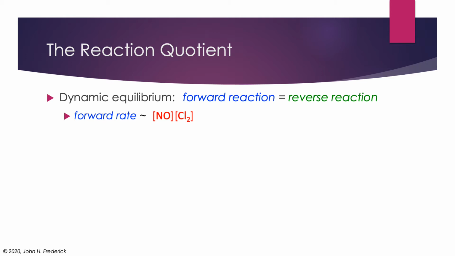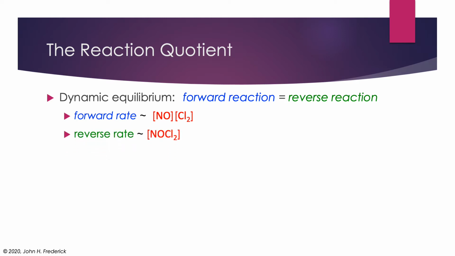If one of them is not present very much, but one of them is, the forward rate won't go very fast because we're missing large parts of one of the reactants. If both of them are low, then the rate probably won't go very fast at all. So in some sense, when we have two molecules that need to collide in order to make a reaction, we can often write the forward rate as being proportional to the product of their concentrations.